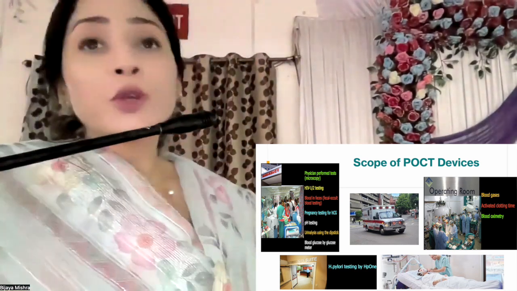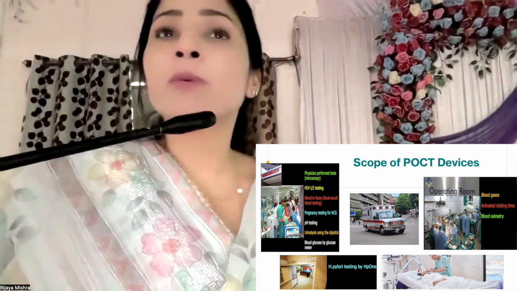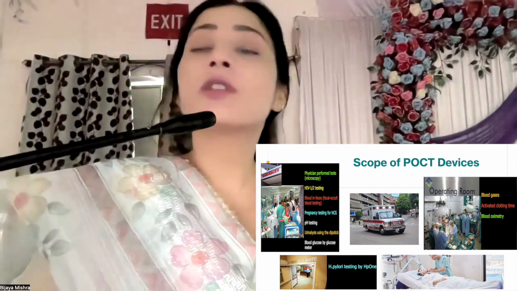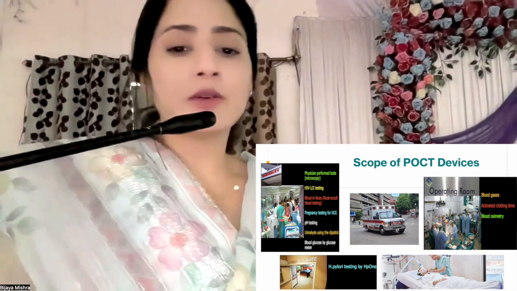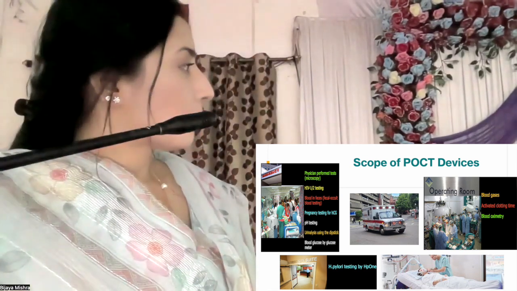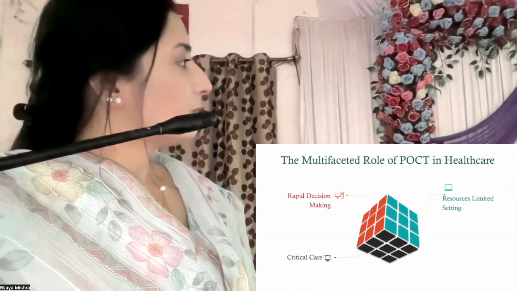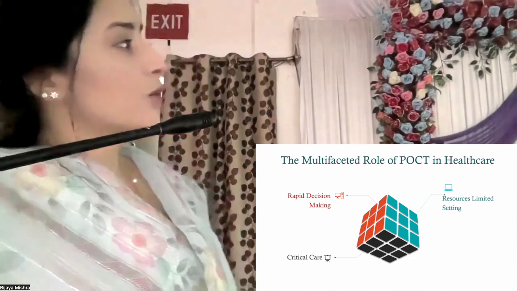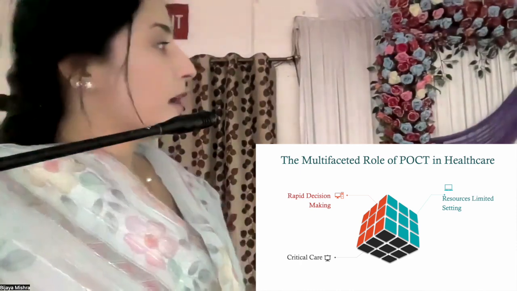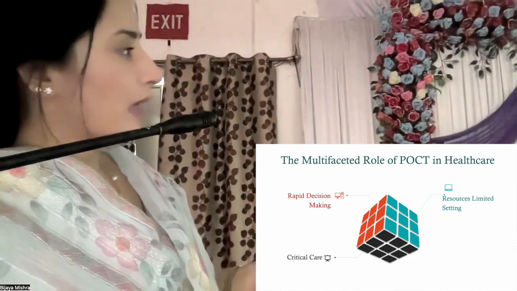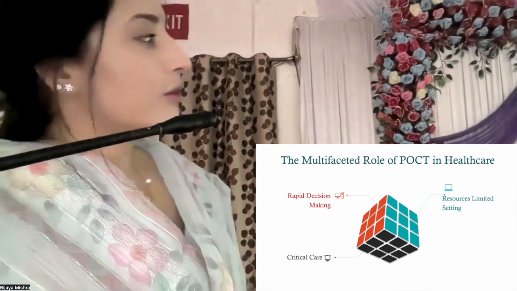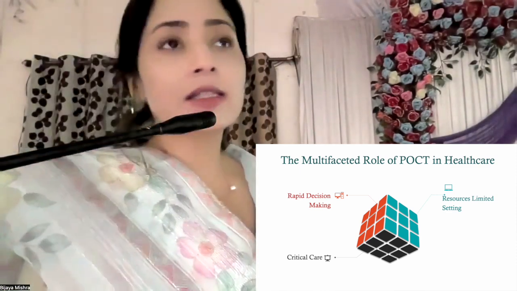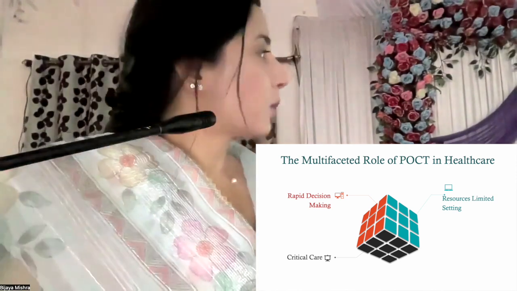And when we use POCT in primary healthcare, it helps in rapid diagnosis and to determine the appropriateness of the triage to the secondary health. So the multifaceted role of POCT in healthcare is in rapid decision making, in critical care, and in resource limited settings like primary healthcare as well.